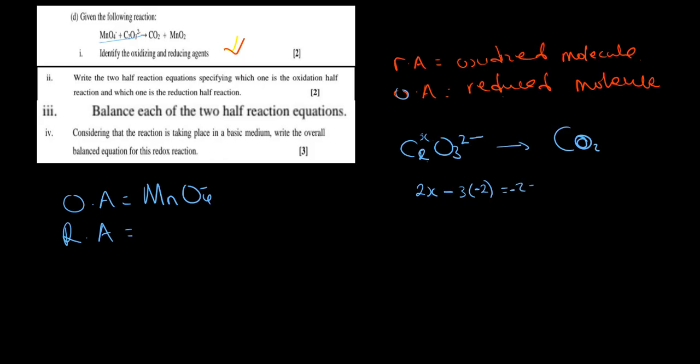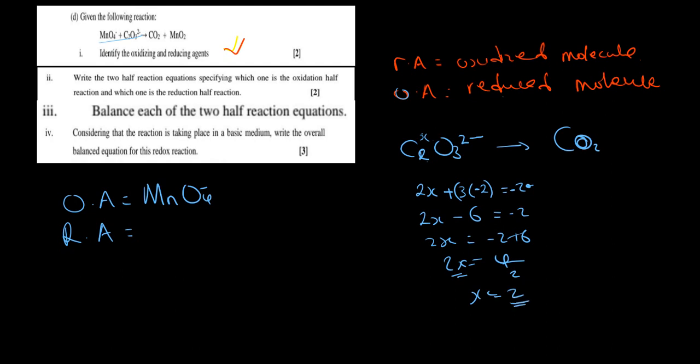So this is negative 2x, then negative 6, and negative 6 is equal to negative 2. So 2x is equal to negative 2 plus 6, which is 4. 2x divided by 2, x is equal to 2, like that.